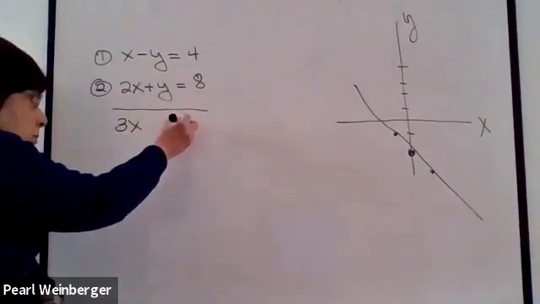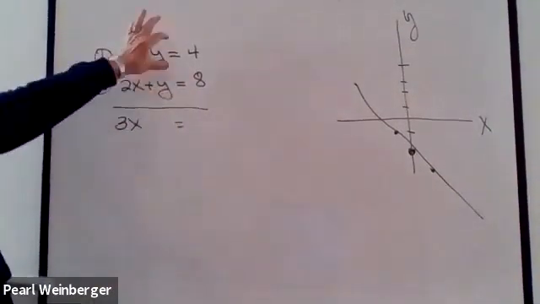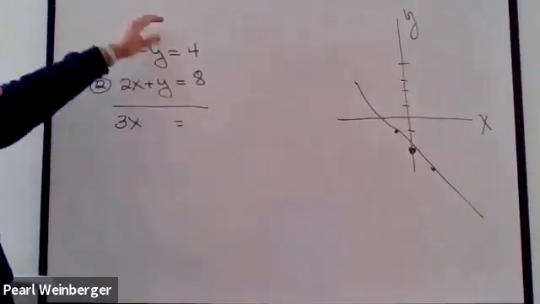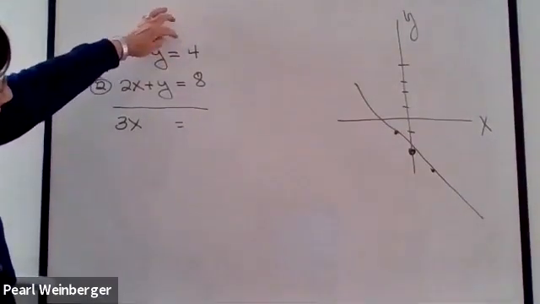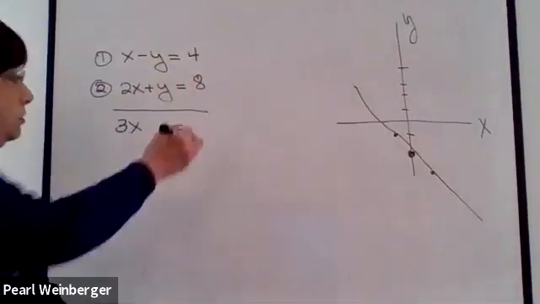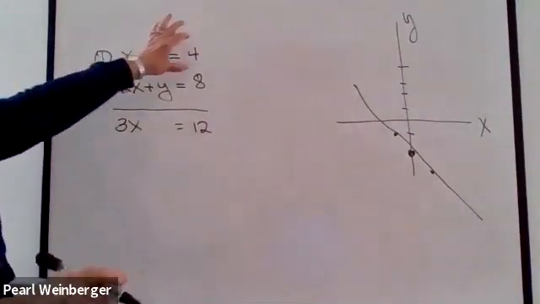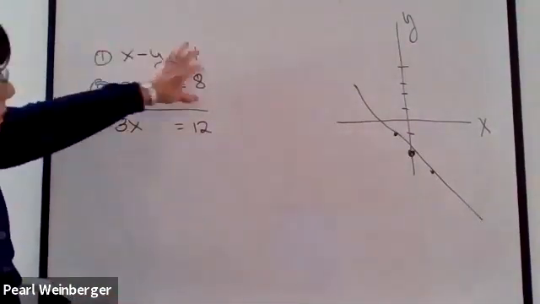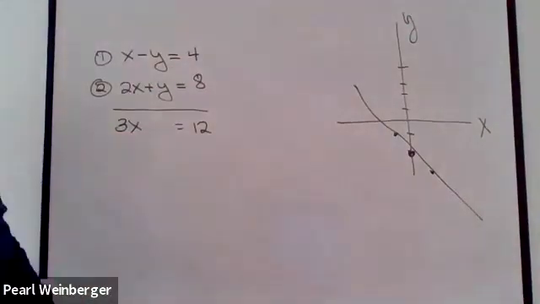So I go to the next thing. Just bring down my equal sign. They all have to be arranged under each other. And then I get 4 plus 8 is 12. Since this was equal to this, and this was equal to this, when we add them, we get equal things also.